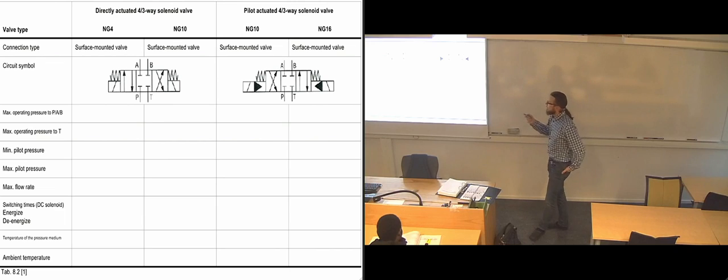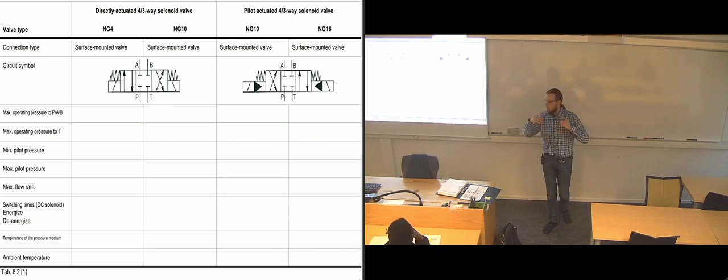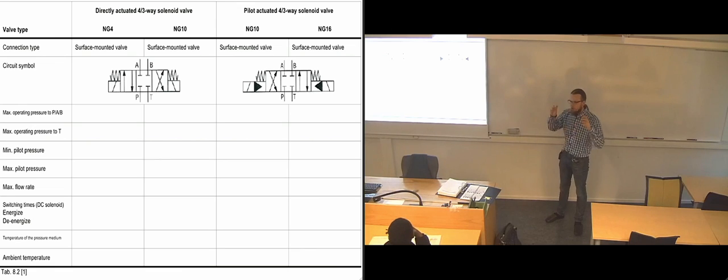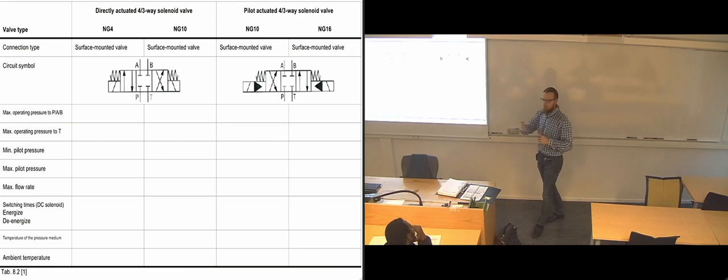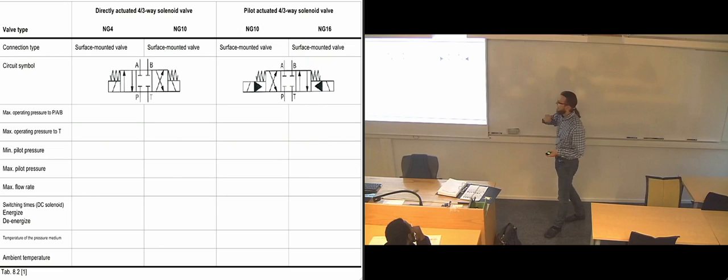But what we looked at up until now with those pilot systems is that they're basically dumb. They only work on reacting to pressure. We looked at the pressure relief valves and everything, and those are directly connected to the pressure, so they're directly reading off the pressure and activating once the pressure reaches a certain level.